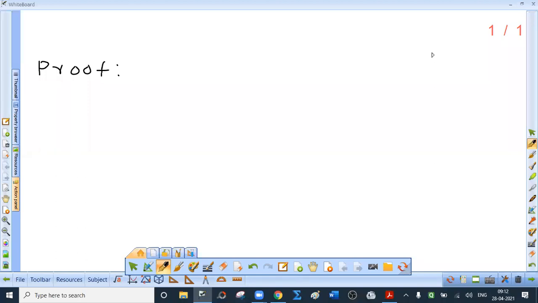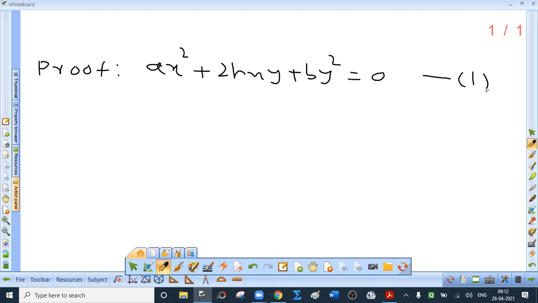Now consider a homogeneous equation of second degree in x and y, that is ax square plus twice hxy plus by square equal to 0. This is equation 1. Now a, h and b are arbitrary constants, meaning their values are not fixed. So I have to consider a number of cases. Let me explain first. If you have any difficulty, you can ask me later on. First, suppose b equal to 0.